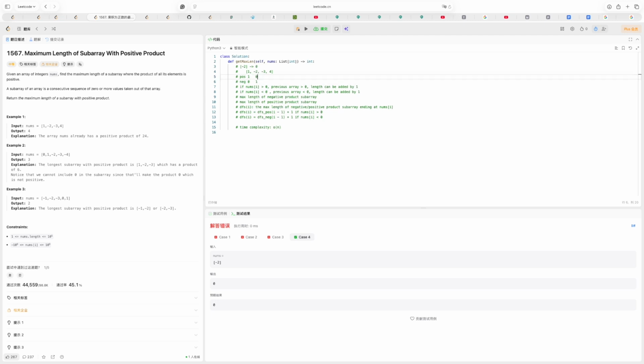And when we are at negative 3, negative can be added by 1, so it is 2. And positive, I think positive will be 2. Yeah, positive should be 2, and then negative should be, no. Oh, I think it's not a good idea.